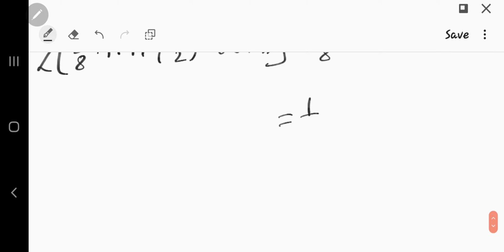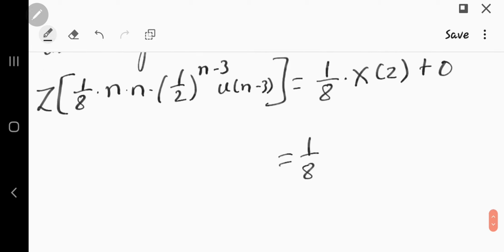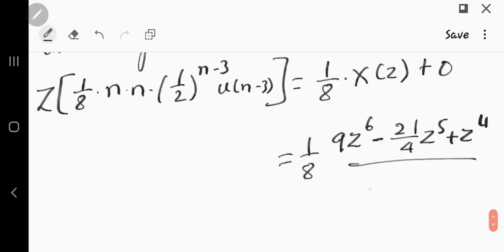Now this is 1 by 8 and the X of z value is 9z to the power of 6 minus 21 by 4 z to the power of 5 plus z to the power of 4 divided by z cube minus 1 by 2 z square whole cube.